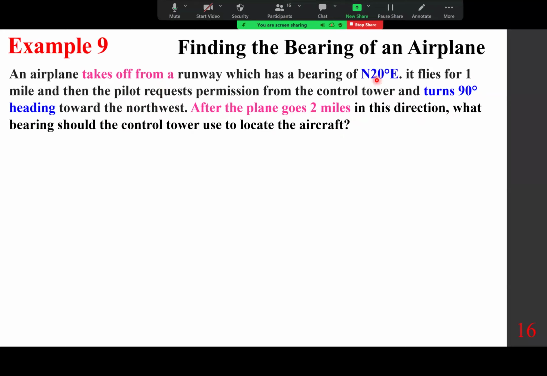So an airplane takes off from a runway with the bearing of north 20 degrees east. So north 20 degrees east. It flies for 1 mile.